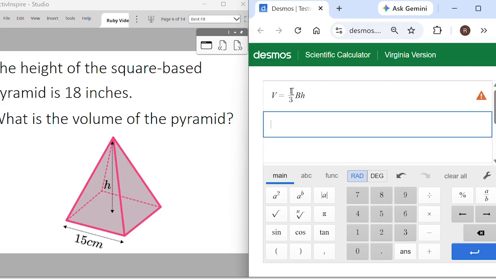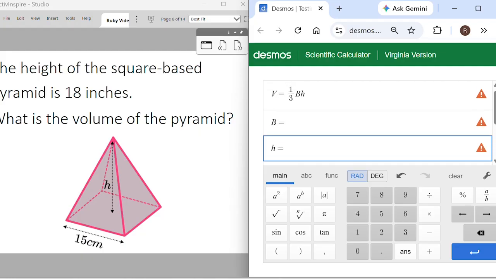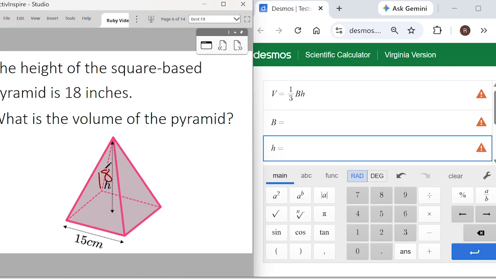Does my calculator know what 1/3 equals? It does. But it doesn't know big B, and it doesn't know H. So I'm going to have to tell it those things. Now, right here is my H. And if you look, it says the height of the square base pyramid is 18 inches. I like pictures, so I'm going to write 18 right there so I don't forget where it goes.